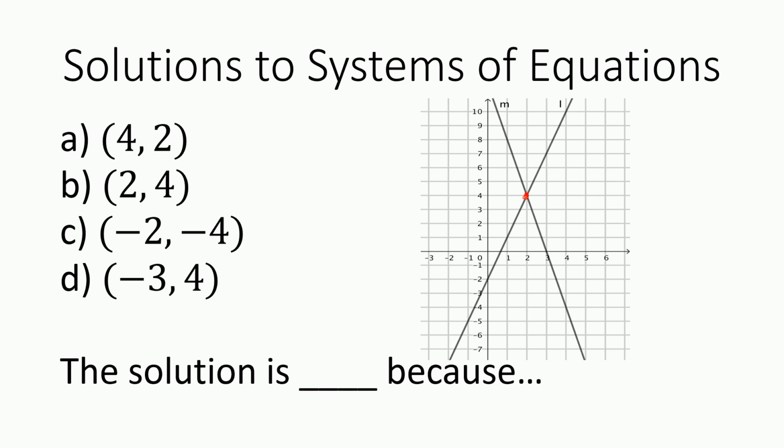And so if I'm asked to choose which of the points is the correct solution to the system, I'm going to look for the point of intersection, and then I'm going to write the coordinates. So this is (2, 4), and then I'm going to look in my list and see where (2, 4) is, and here it is right here. It's B. So the solution is B.